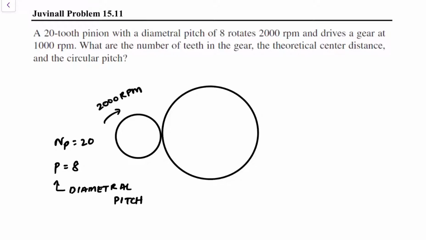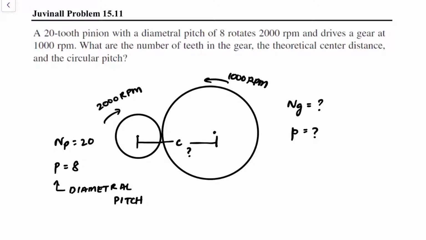Similarly, we know that the gear spins at 1000 RPM. We need to calculate how many teeth are on the gear, what the center to center distance is, and what the circular pitch is.